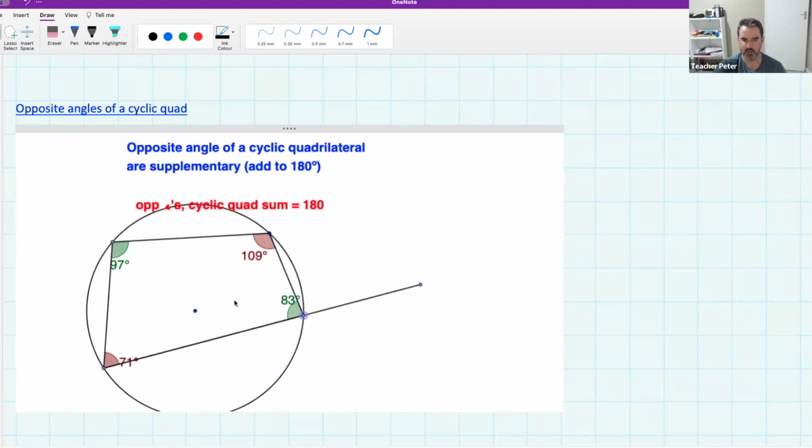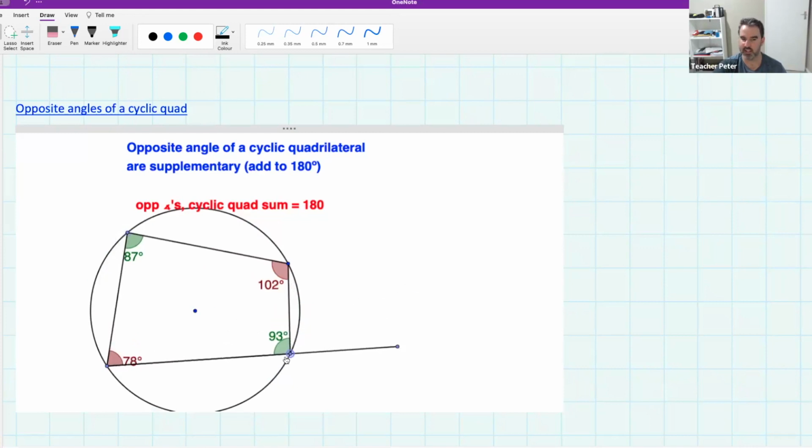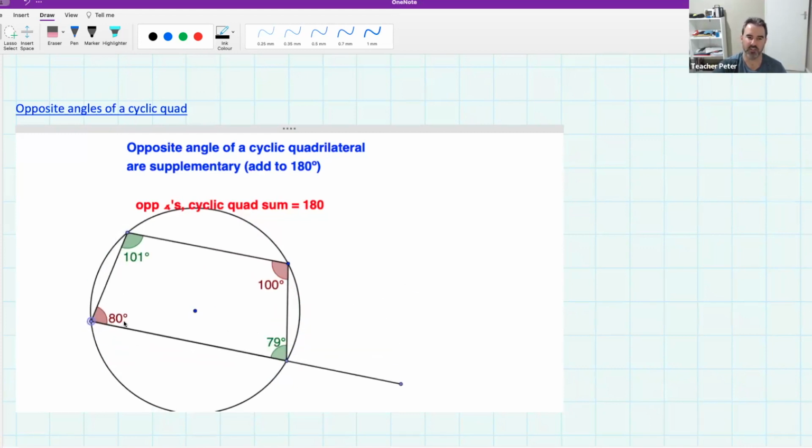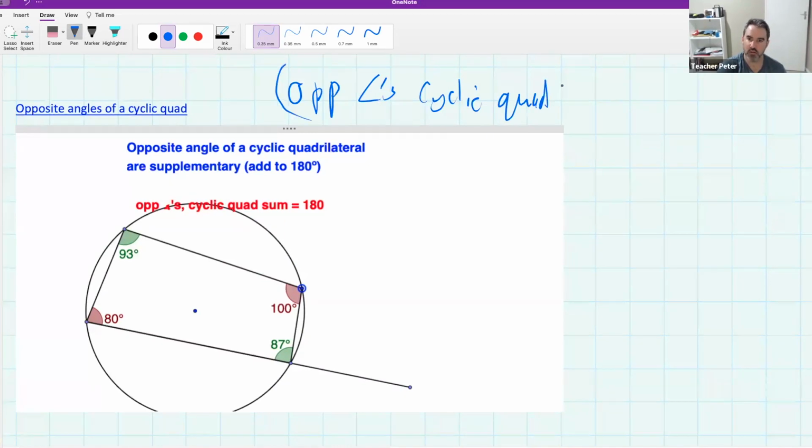So let me do this here. 97 plus 83 is 180. 71 plus 109 is 180. And so we can use this fact. The moment we can see something as a cyclic quad, we know that the opposite angles must add up to 180. So that theorem, you just write down opposite angles cyclic quad.